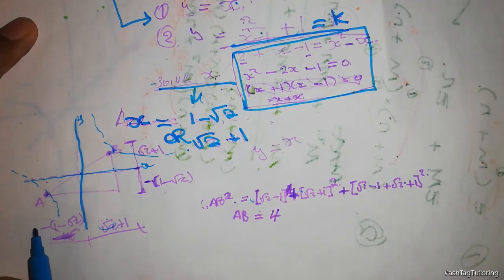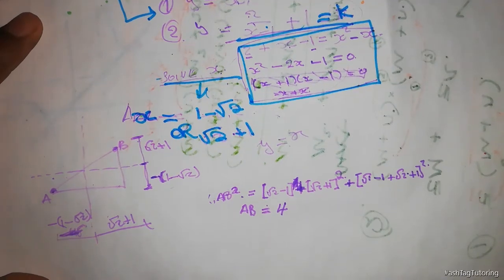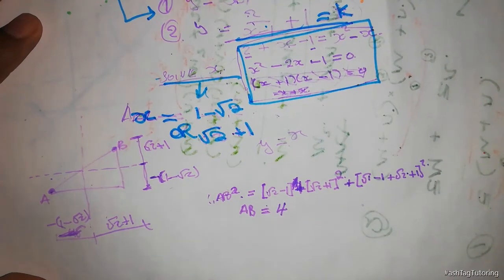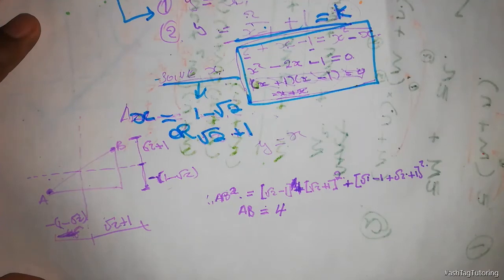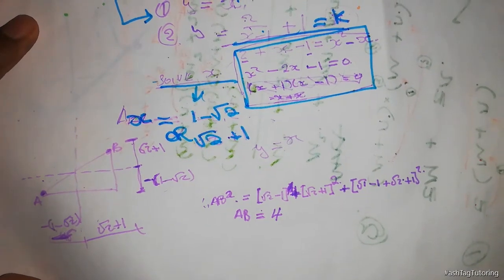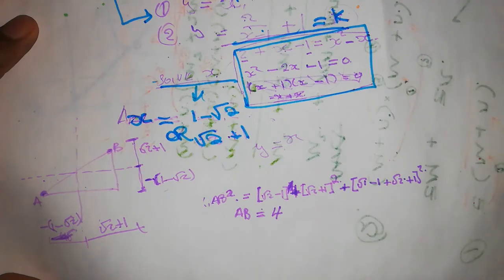So we look at the value of x, 1 minus √2. We make it positive because it's a distance by multiplying it with the negative. So that will be a distance in the x direction from A to the line. And then we need another distance from the line to B, which is the other x that we just solved, √2 plus 1.